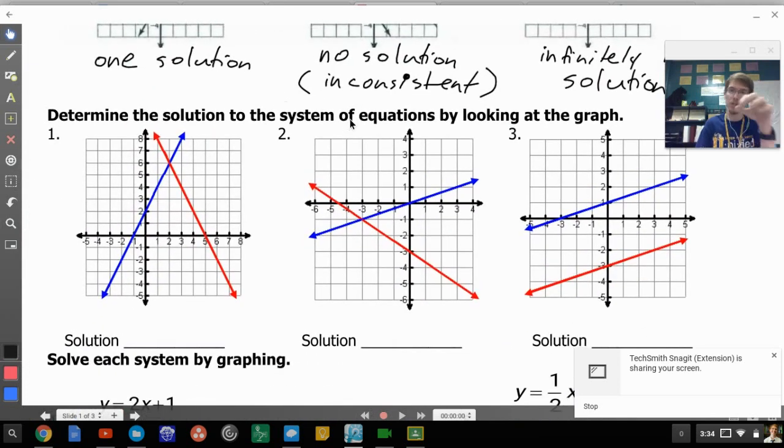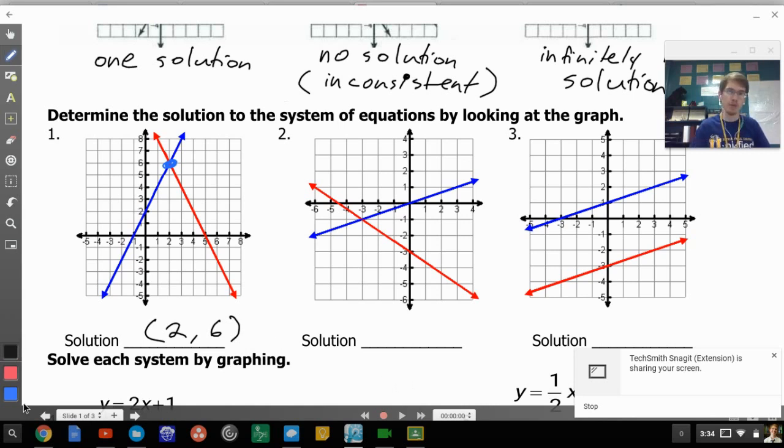Determine the solution of the system of equations by looking at the graph. What we need to do is find the intersection. In this case, pretty obvious, we have one point right there, so our solution is (2, 6). It's an ordered pair, so make sure you put the parentheses and the comma there.